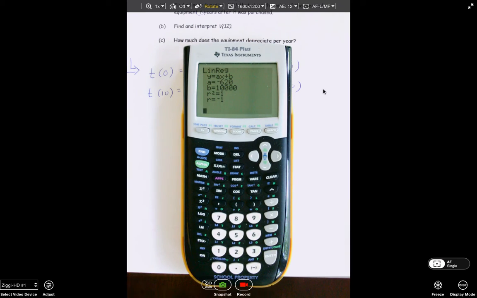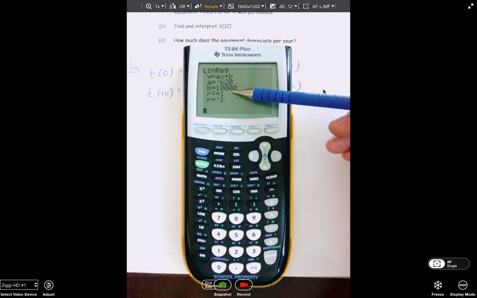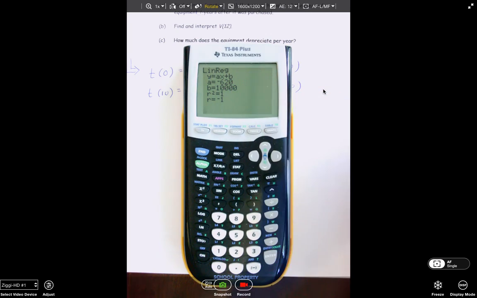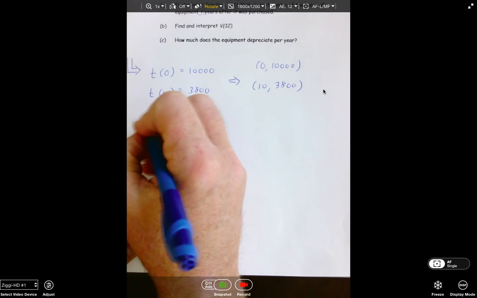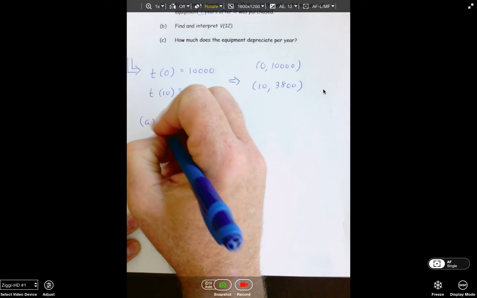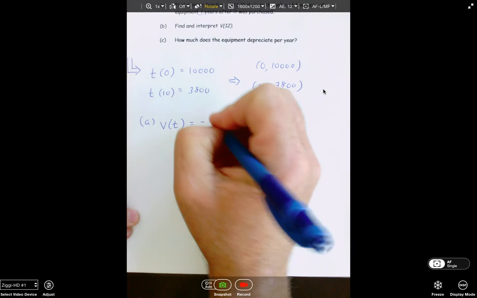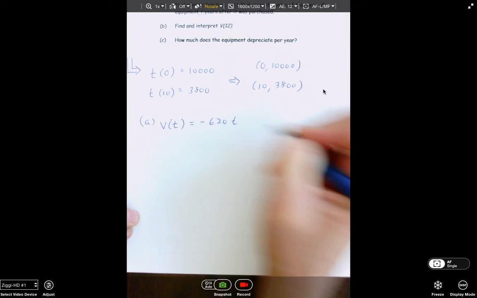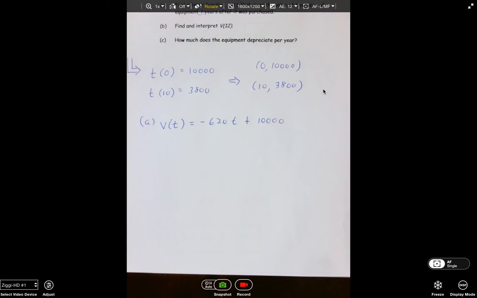Now, we got some extra stuff here, and that's fine. It's not a big deal. But we see that our slope, which in this case is A, is negative 620. And our B, as we would expect, will be 10,000 because that's what we started with. So the answer to part A is our value as a function of t: V of t equals negative 620t plus 10,000.